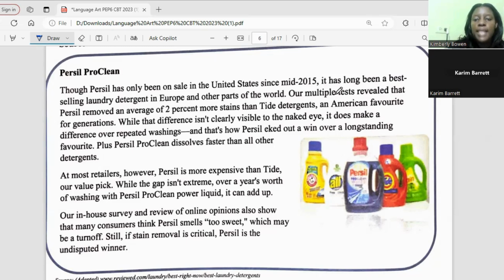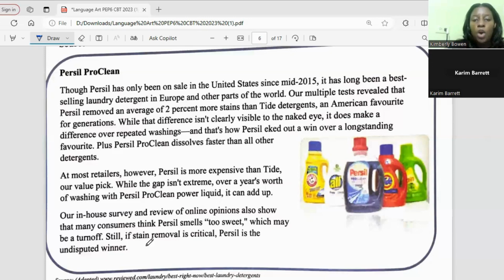Our multiple tests reveal that Persil removed an average of 2% more stains than Tide detergent, an American favorite for a generation. While that difference isn't clearly visible to the naked eye, it does make a difference over repeated washing.